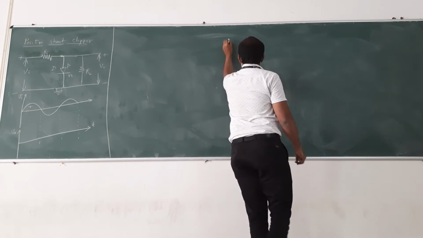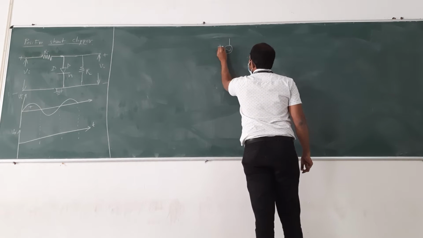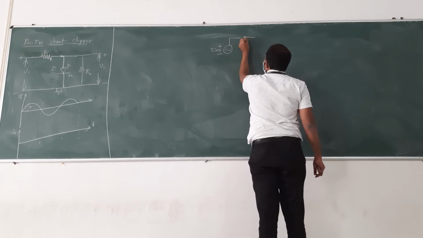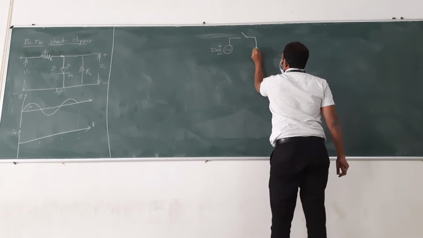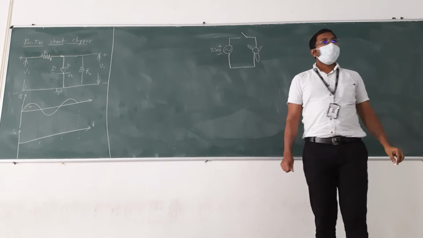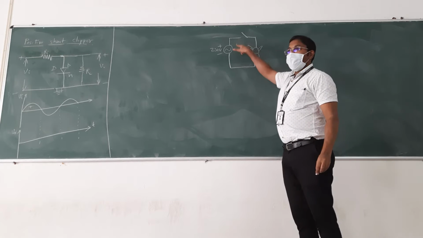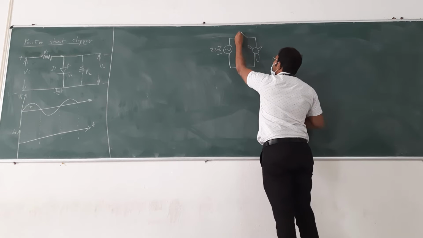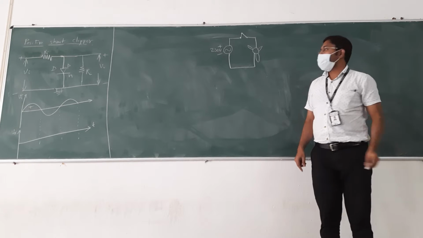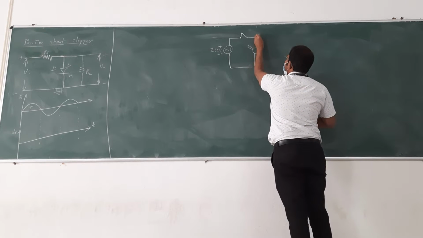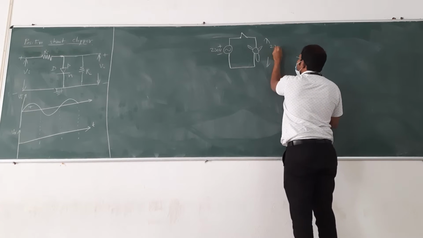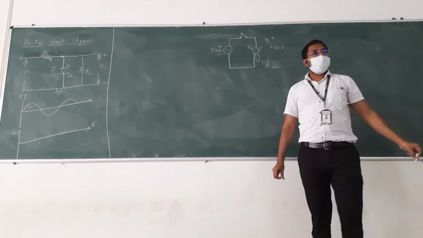Let me draw it like this. When the switch is on, this point is connected here, and the entire 230 volts goes into the fan. That is how the fan runs.